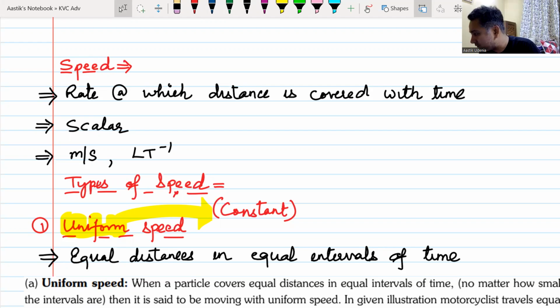So whenever in normal language we use the word speed, out of these four, which speed am I probably referring to? I am probably 99% referring to instantaneous speed.